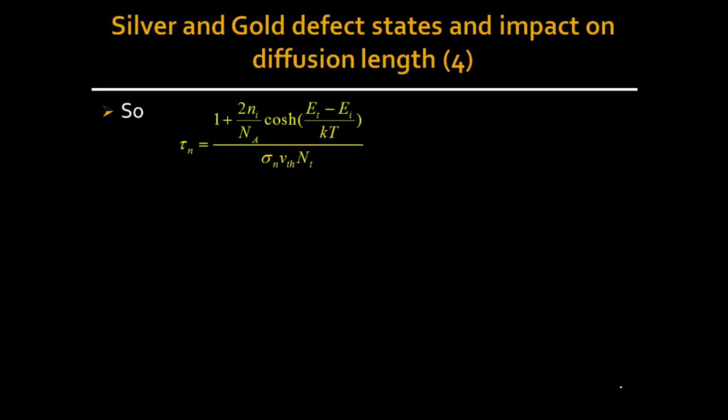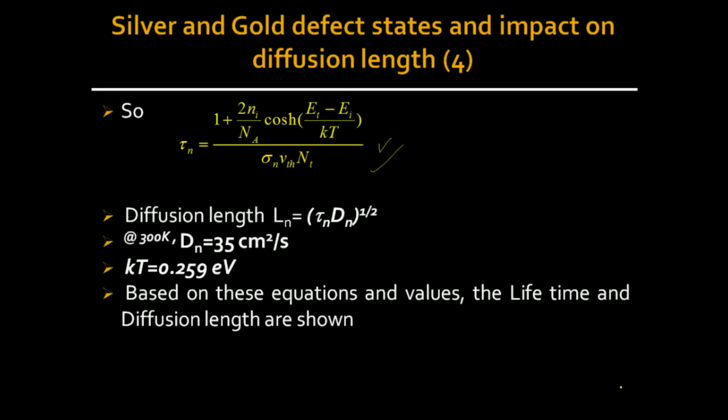So this comes in this form if you replace those equations with the given one, and then you can find the diffusion length Ln as the square root of tau n times Dn, where tau n is the minority carrier lifetime and Dn is the diffusion coefficient of electrons.